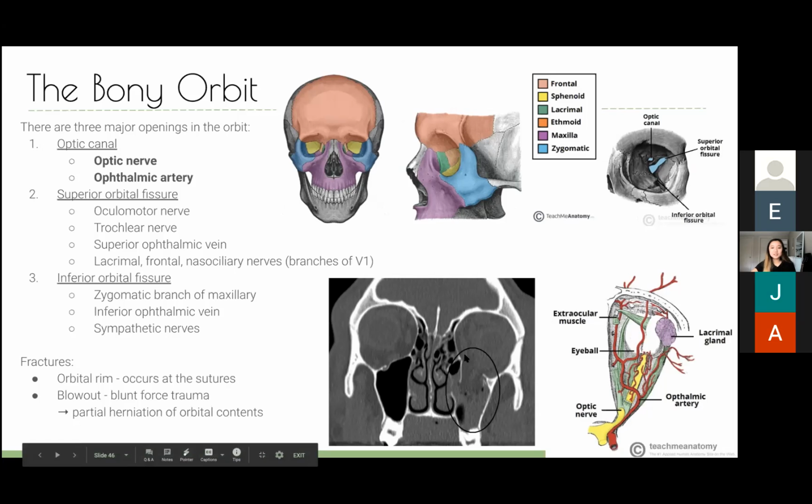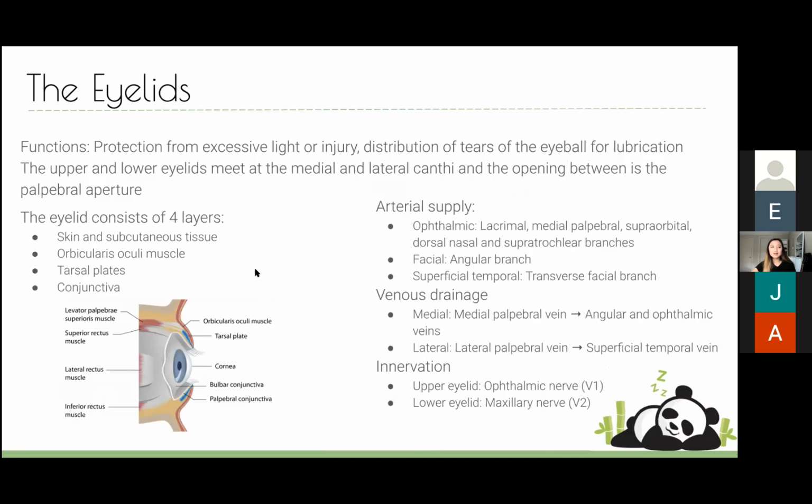Blowout fractures is essentially when you blow out a part of the eye, often due to blunt force trauma. Cool. Eyelids. They function as protection mainly and distribute tears. The upper and lower lids meet at the medial and lateral canthi, and the opening in between is the palpebral aperture.